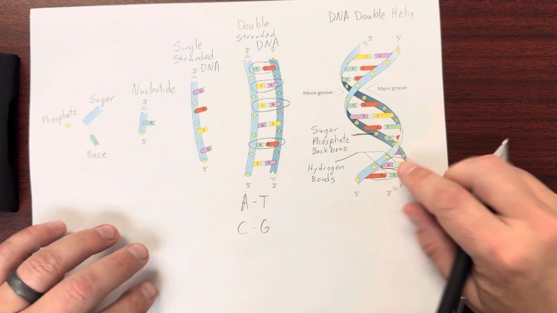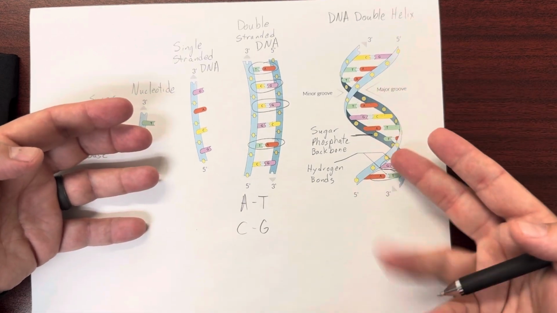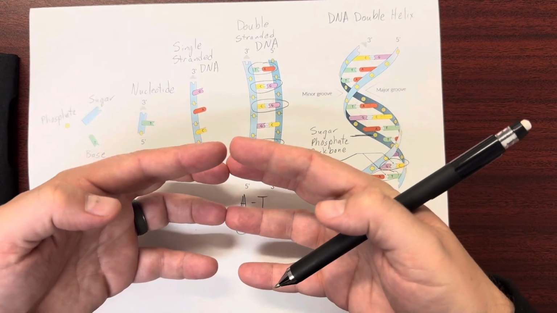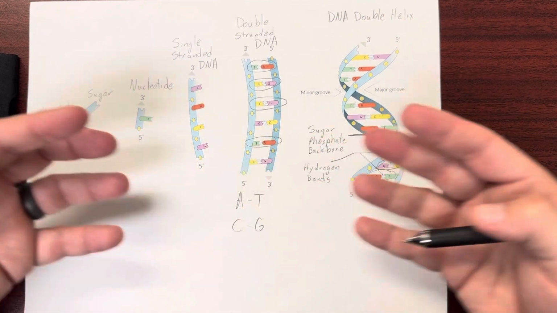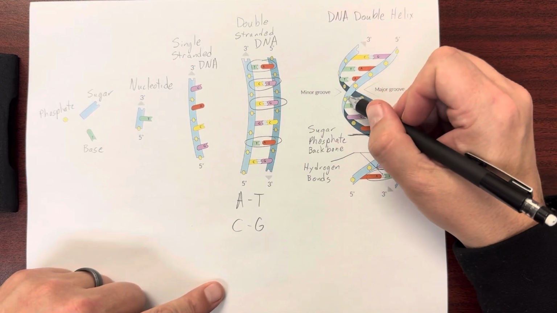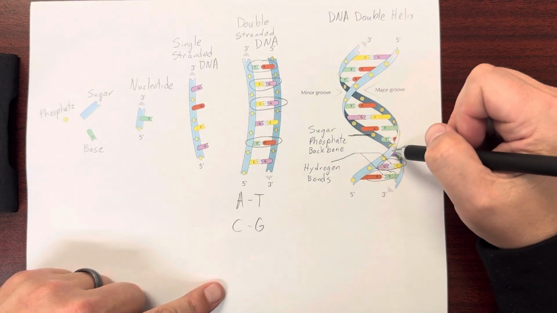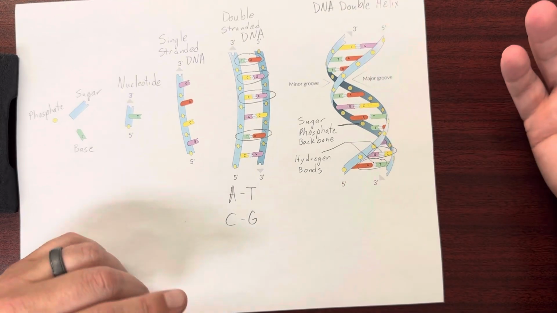That means we can break these bonds open, read the bases, and then they can come back together. So the hydrogen bonds are actually essential to be holding these together because they can open and close. Where the bonds that hold together the backbone are much stronger. They're not supposed to come apart, so they're much stronger. That's why they give structural support.